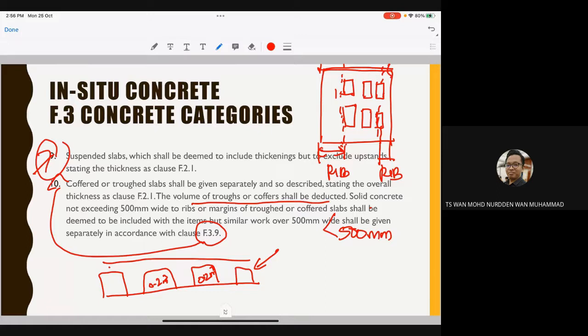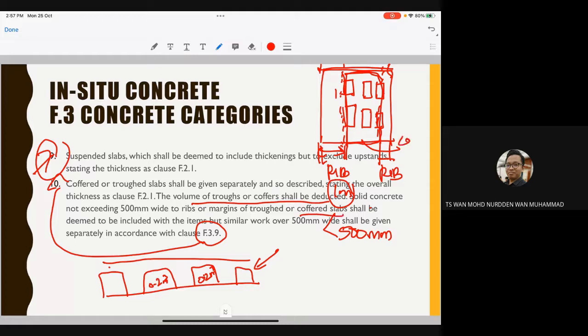Tapi kalau besar sangat dia punya rib ni, katakanlah rib ni 1 meter, 0.5 which is half of the 1 meter lah. Tapi kalau 1 meter punya length, kita kena asingkan lah. This one sahaja yang kita punya trough slab ataupun coffer slab.